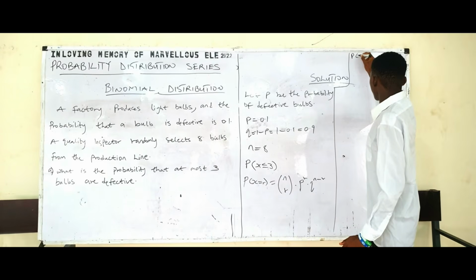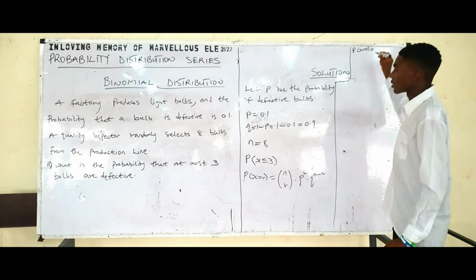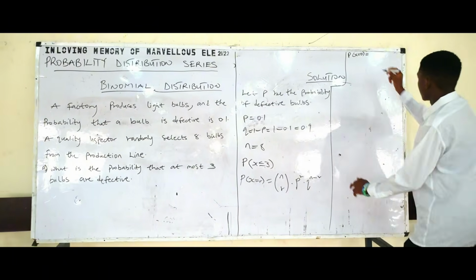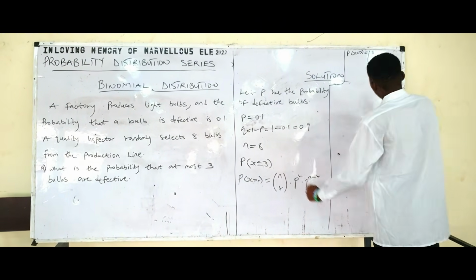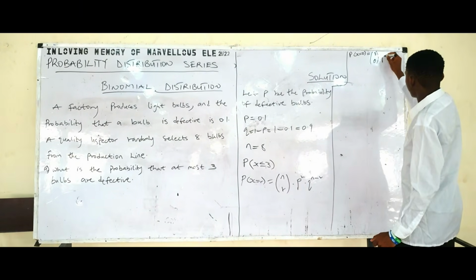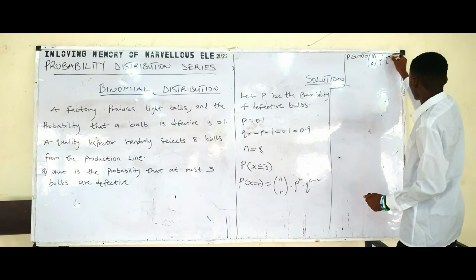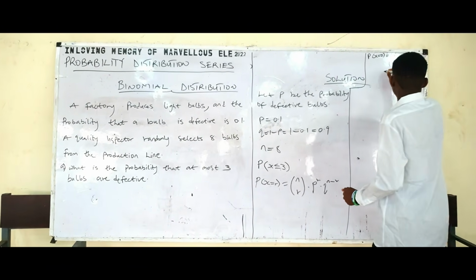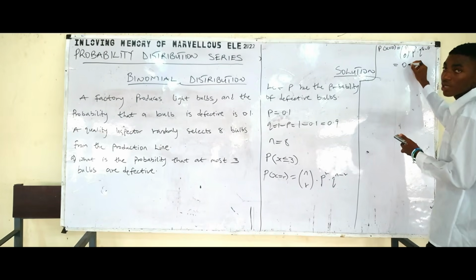Probability of x equals 0. This is the formula now. Our r is 0, times p to the power 0, times q to the power 8 minus 0.